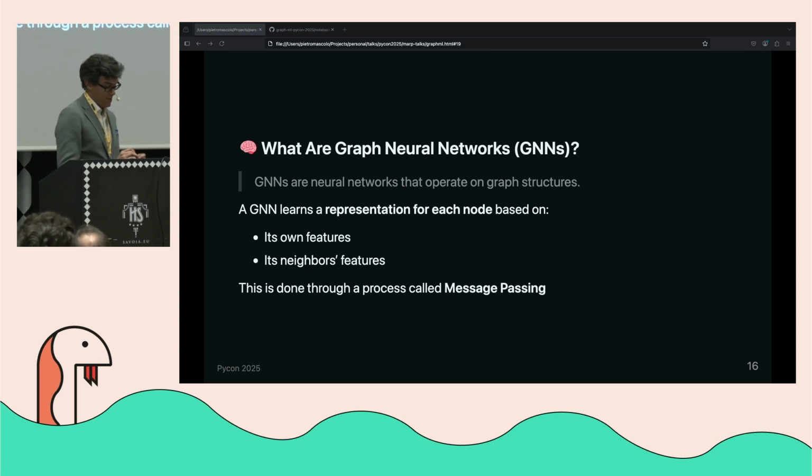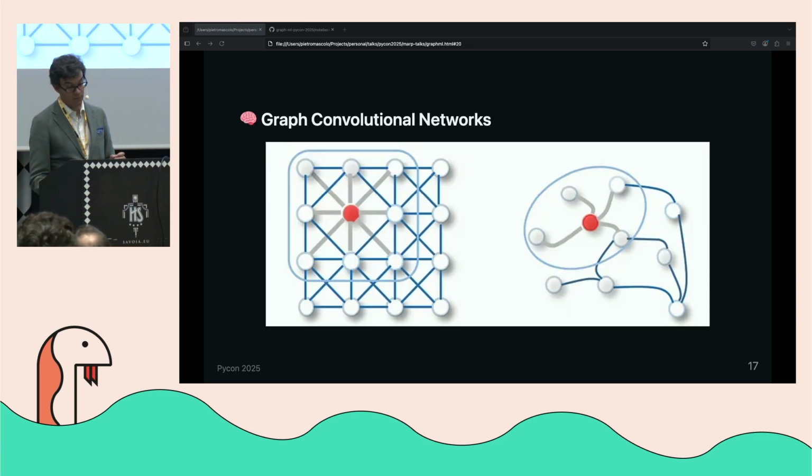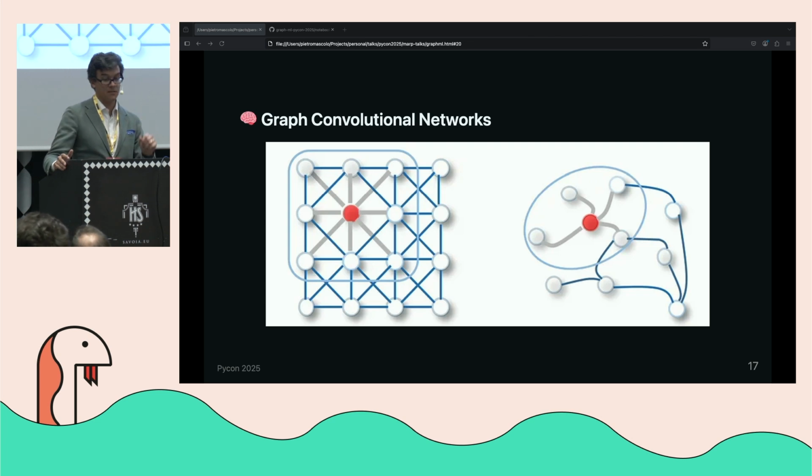And we're going to focus specifically on just one type of architecture for graph neural networks, which is the graph convolutional network. If you're familiar with a regular convolutional network, the way a graph convolutional network works is pretty similar. It's just that instead of looking at the neighboring pixels of a single pixel, you're looking at all the neighbors of a node with each convolution.